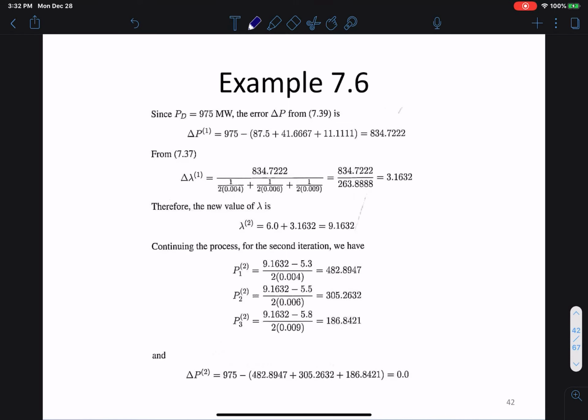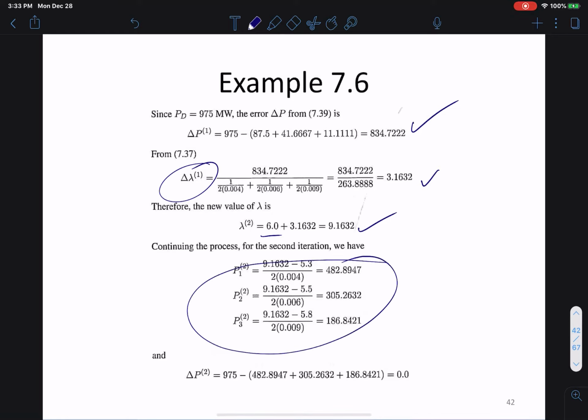So I find the next delta lambda 1 and add that to my initial one, and I get the next one. Then I put it back here and do the same solution again. I found all 3 values, and I also found that I met the demand equal to production.